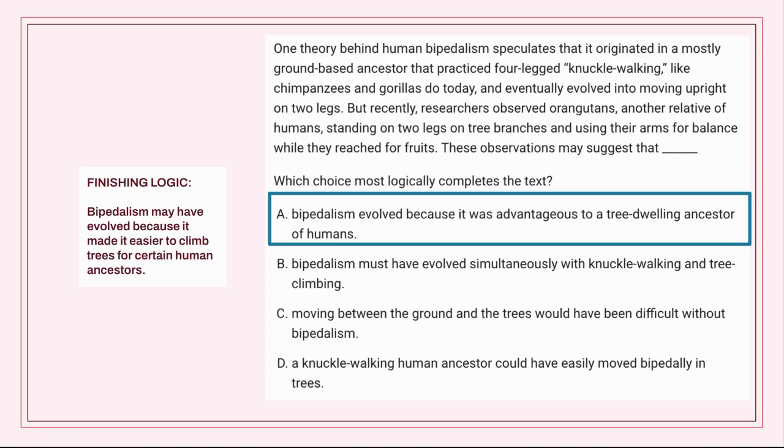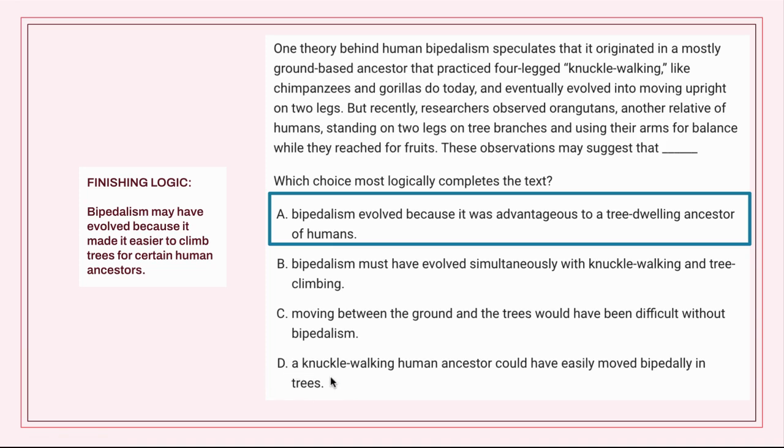That's probably where bipedalism helps you. But we don't know if moving between the ground and the trees would have been difficult without bipedalism. That's not necessarily what it's talking about. It's just not as relevant to me as A, because it's not directly referencing the evolution of bipedalism like A and B are doing. So while C is a little confusing, because yes, it is talking about how bipedalism makes moving in the trees easier, I'm not sure if they mean moving between the ground and the trees. So I'm just not a really big fan of that answer choice. It's a little confusing for me.